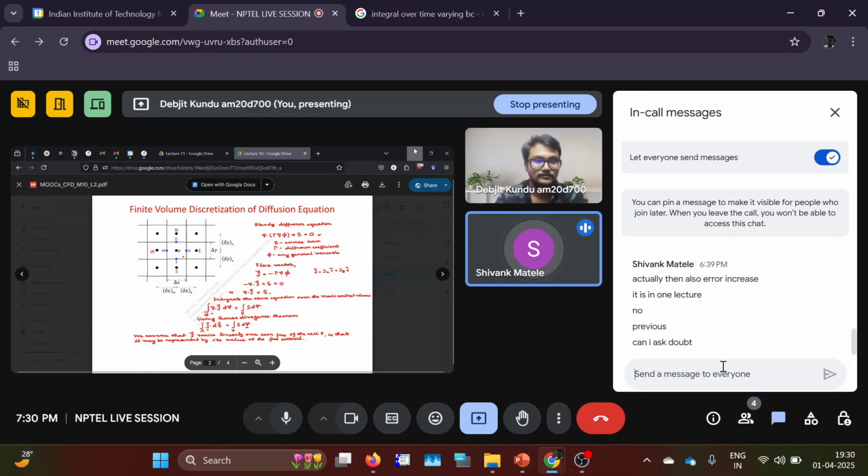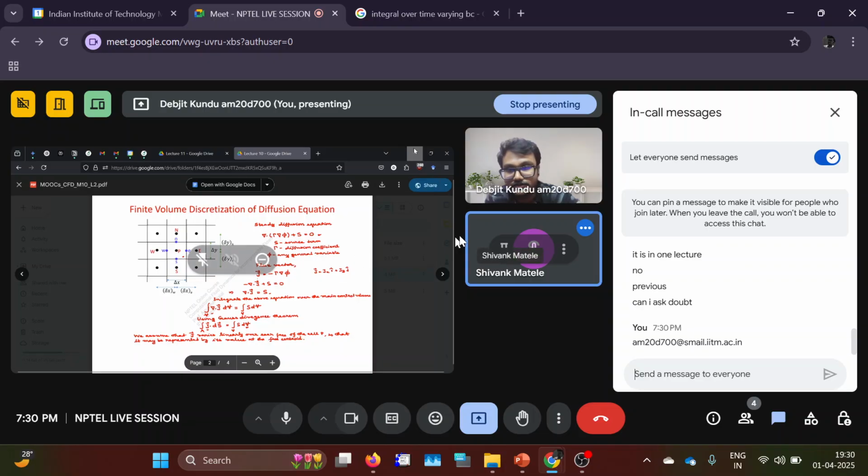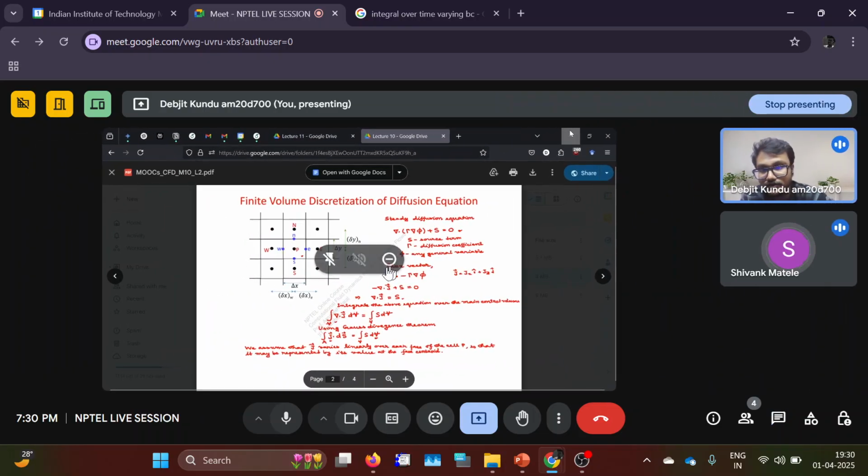We have discussed here the discretization of all those equations, but we have not discussed how they are derived. Which equations? These diffusion equations and all those things. Those were done earlier, in the initial few lectures.